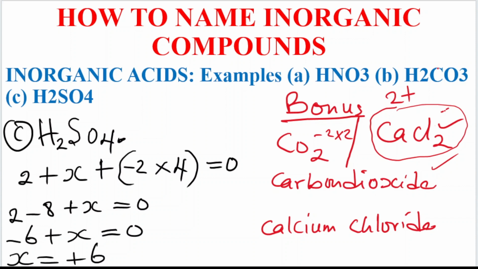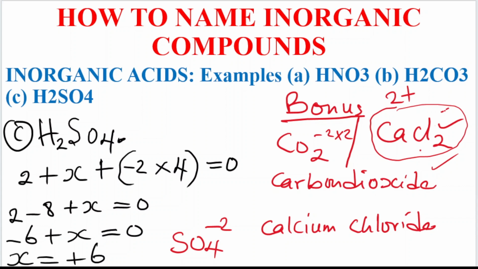Another thing is that this compound does not contain a polyatomic ion. For example, this is a polyatomic ion, SO₄. Polyatomic ions, it doesn't have it. That is why we don't need to include the di or tri. So calcium contains a fixed charge, and calcium chloride is an ionic compound.